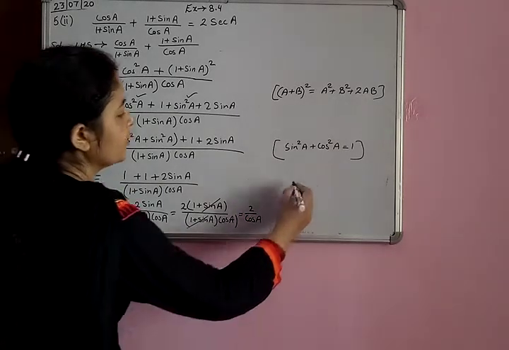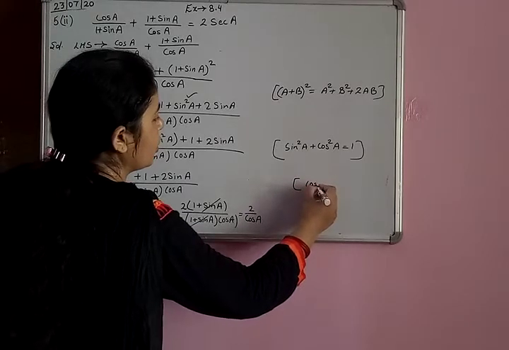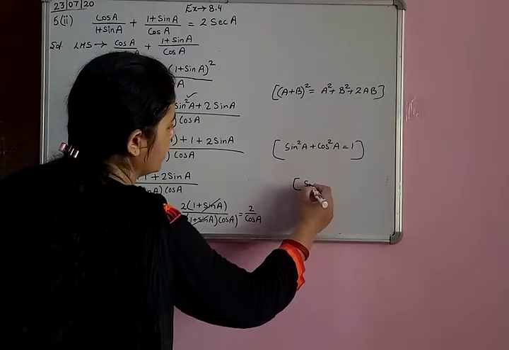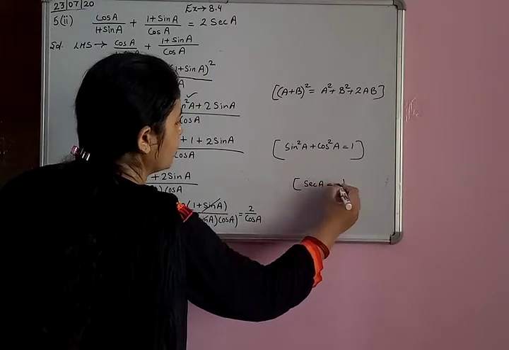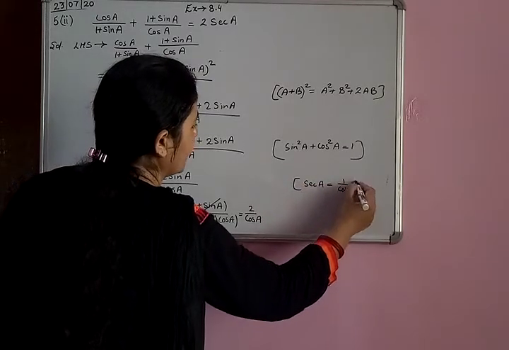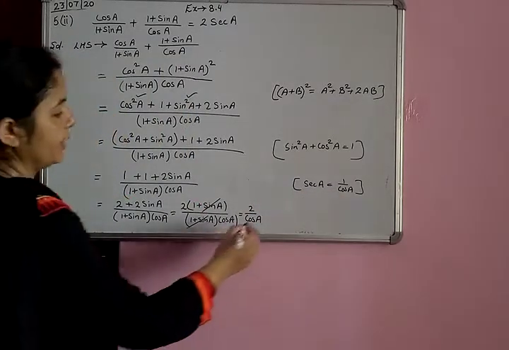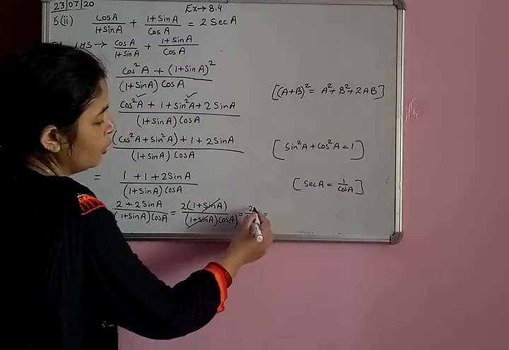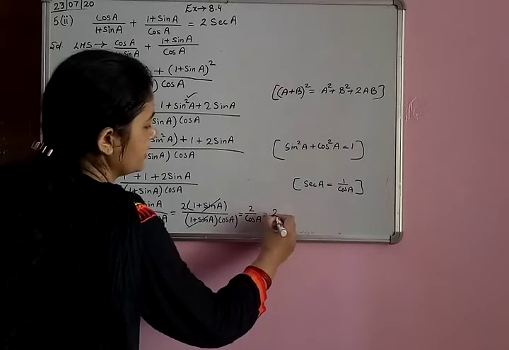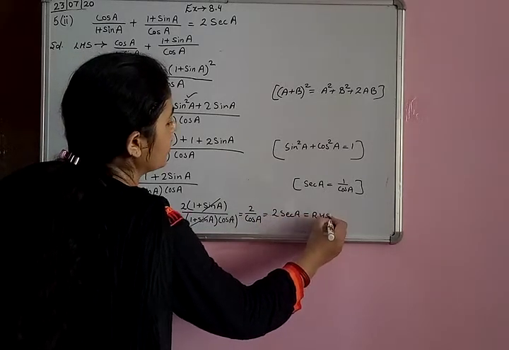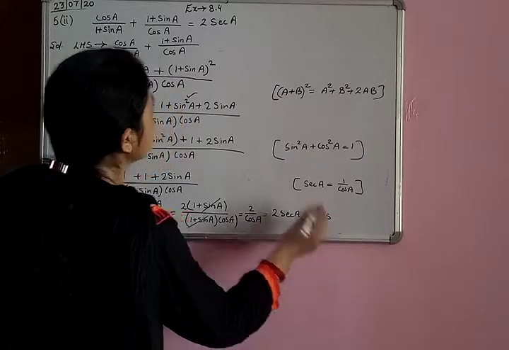Okay. Now since we know that cos A and sec A both are reciprocal to each other, so we can write sec A is equal to 1 upon cos A, or 1 upon cos A is equal to sec A by reciprocal identity. So 2 upon cos A is equal to 2 sec A, which is equal to right hand side, hence proved.